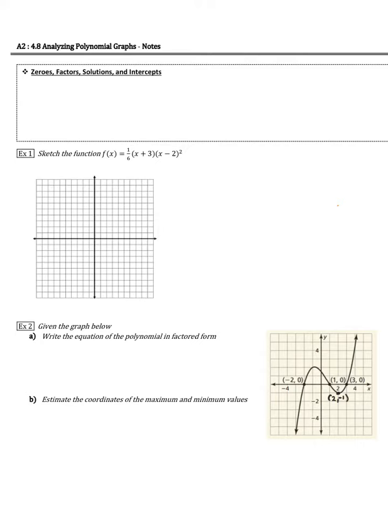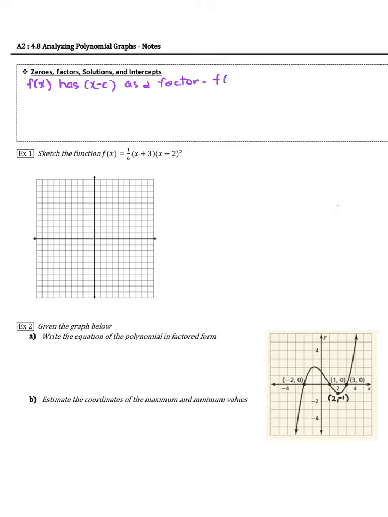We are almost at the end of the chapter, and so we're starting to wrap up some of the concepts so that they all go together. This first little part is sort of a repeat of what we talked about in 4.6, but if f of x has x minus c as a factor, what does that mean?